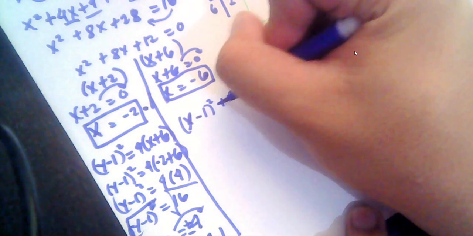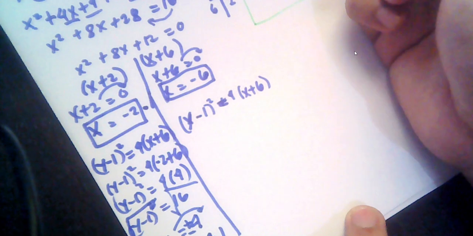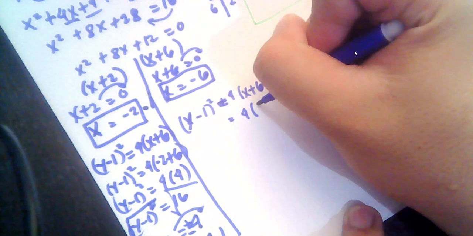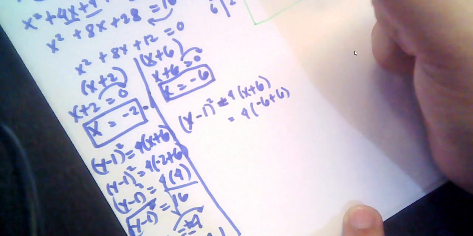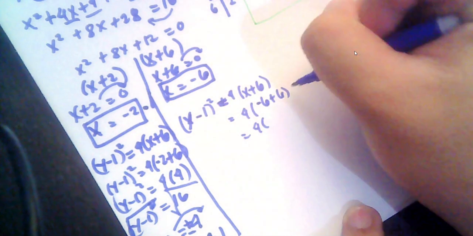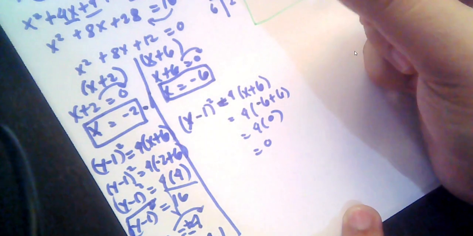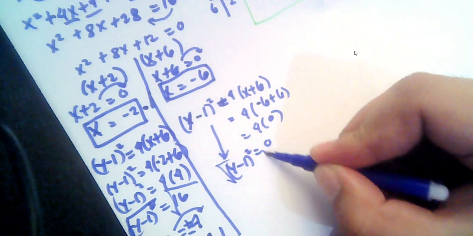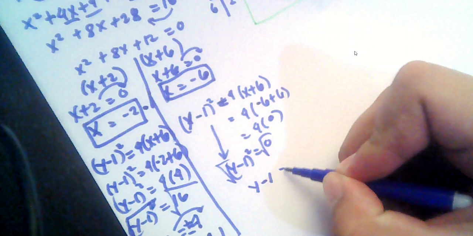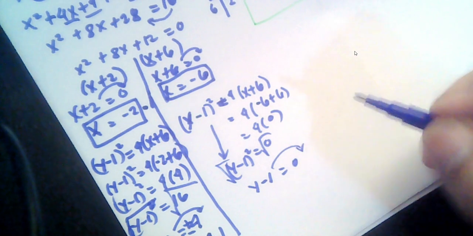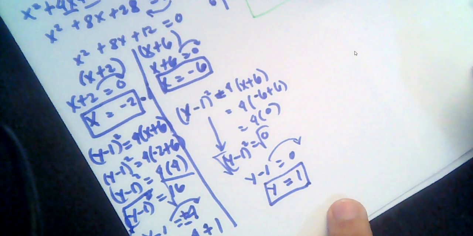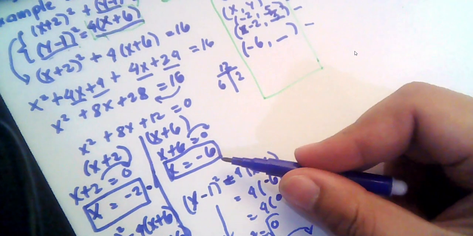So the value of x here is negative 6, so that is 4 times negative 6 plus 6. Negative 6 plus 6, that is 0. So you have y minus 1 squared equals 0. The square root is 0. That is now y minus 1 equals 0. So you transpose 1, that is y equals 1. So negative 6 is going to be paired by 1.